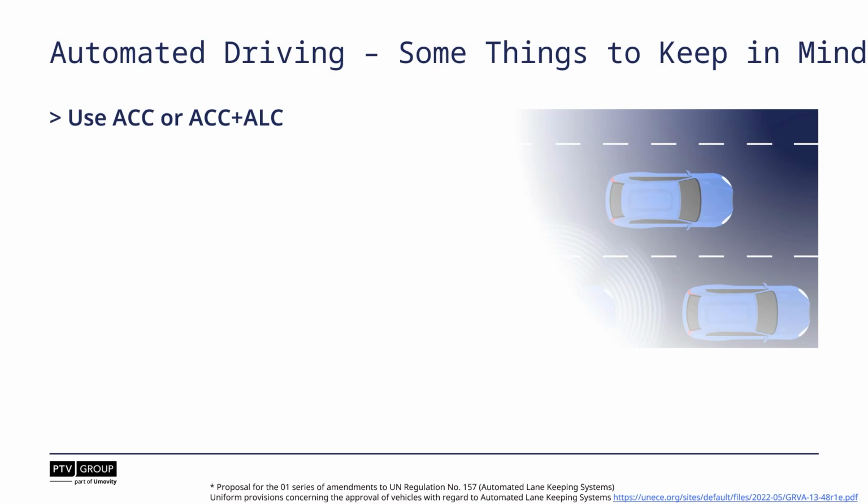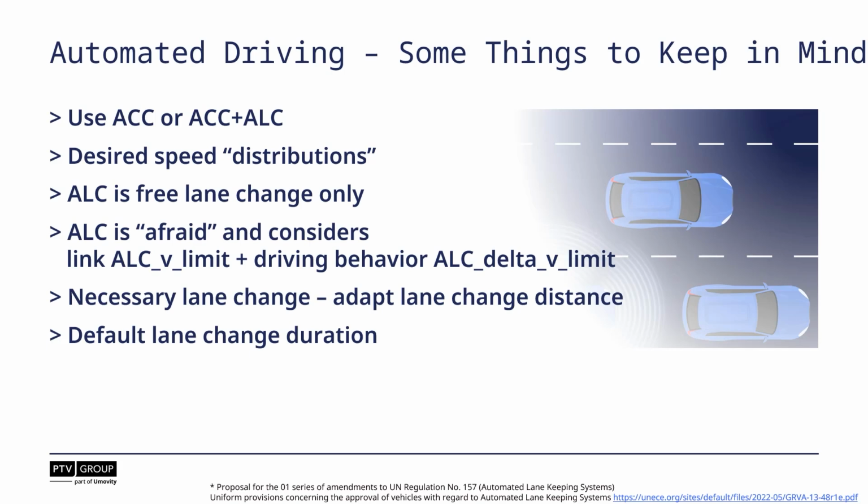You can combine these for high-level automated vehicles or use just ACC for humans using an ACC. Use desired speed distributions for AVs, which are not really distributions but rather take away the randomness, because automated vehicles will obey the rules. The automatic lane change is only applied for free lane changes, so mostly on highways.